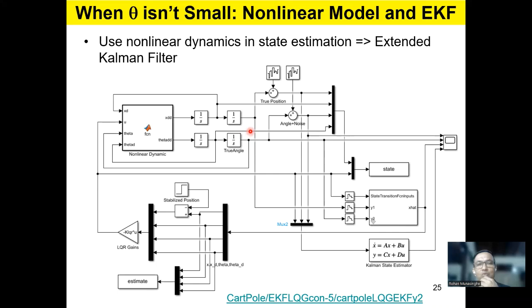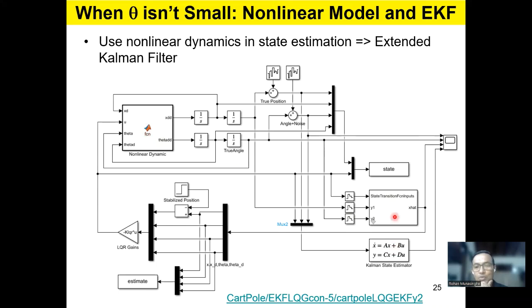We have two measurements here. One is the cart position, this one. The other one is the pole angle, this one. And inside the extended Kalman filter, you have to write down the nonlinear dynamic equation, just like what you had earlier here.